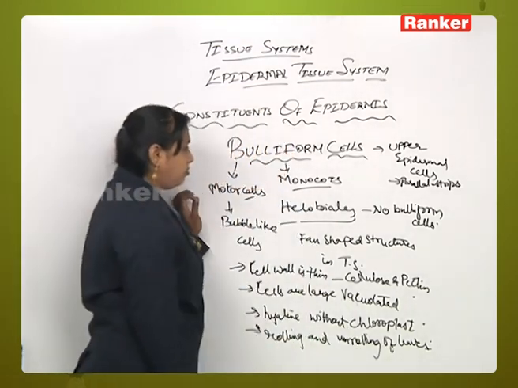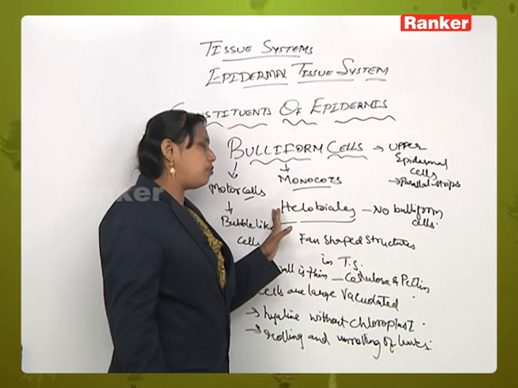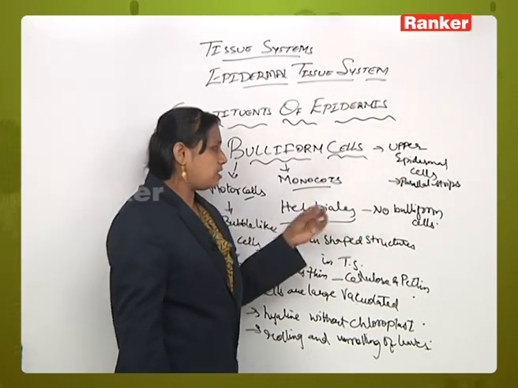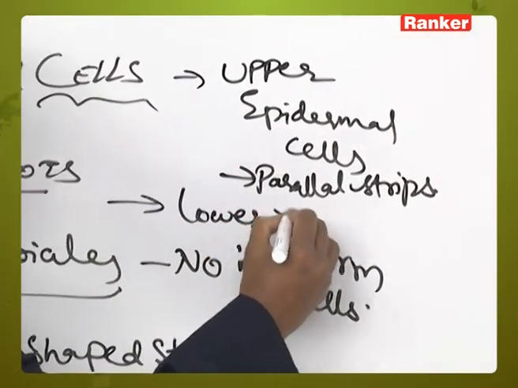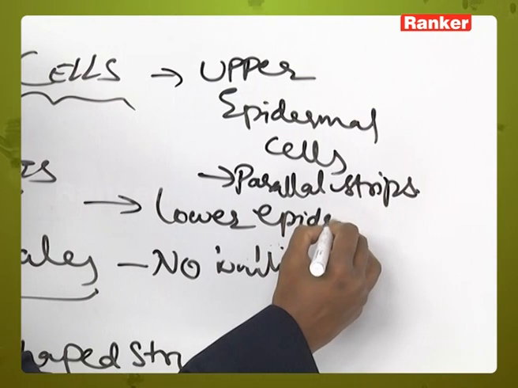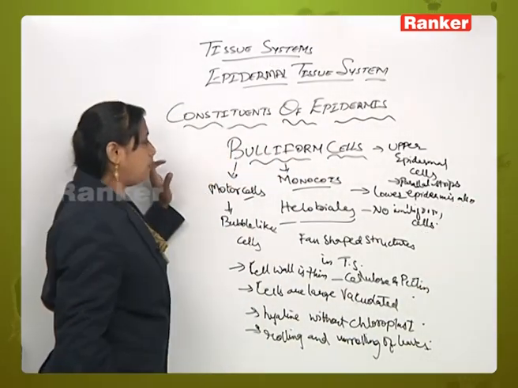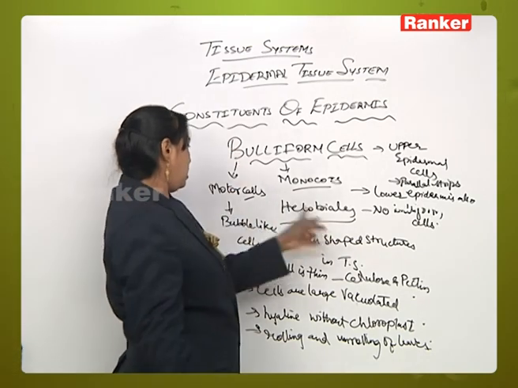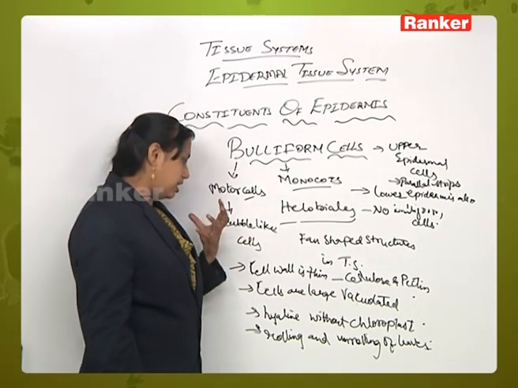In the majority of monocot plants, you will see the presence of buliform cells in the upper epidermis, and in some plants you will see them in the lower epidermis also. This is about buliform cells present in monocots but absent in halobials, also called motor cells, also called bubble-like cells because they are in the form of bubbles.